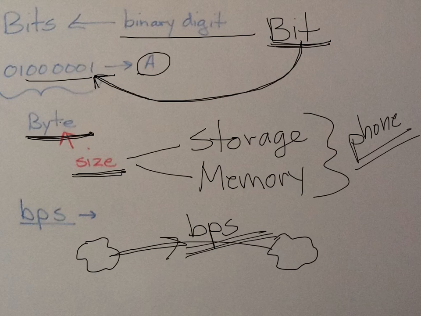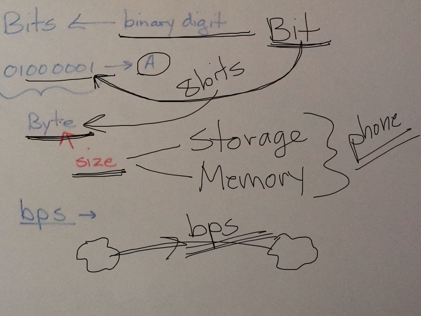So bit comes from the term binary digit. 8 bits typically gives us a byte. Everything that is stored when we use the word digital, that's how it's stored. It's stored with the representation of ones and zeros. And that's it.